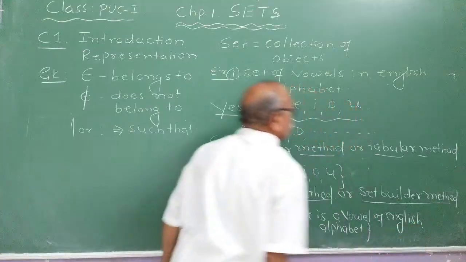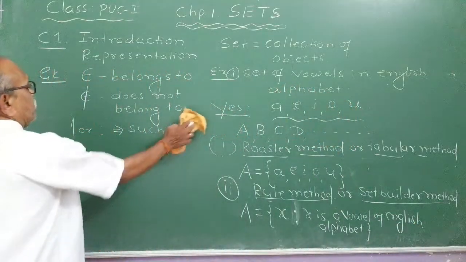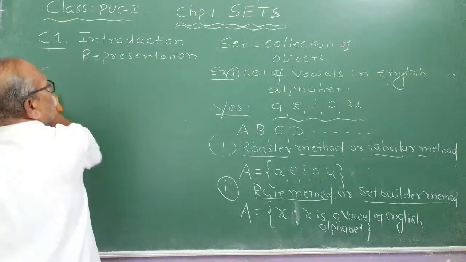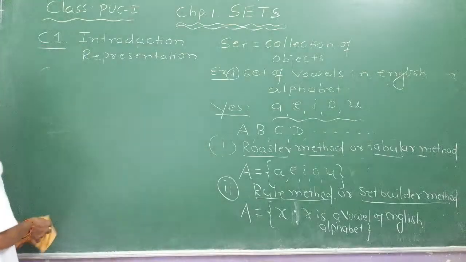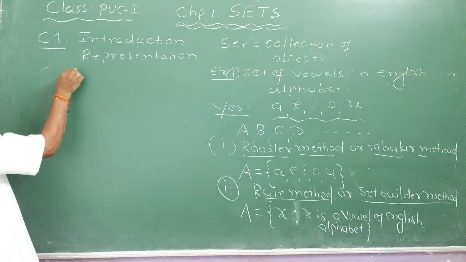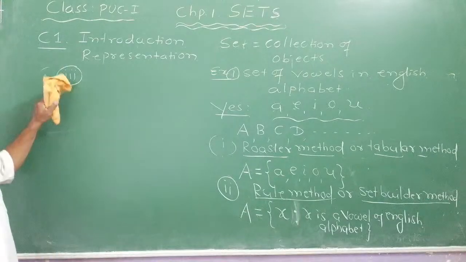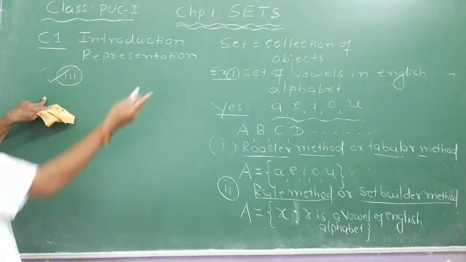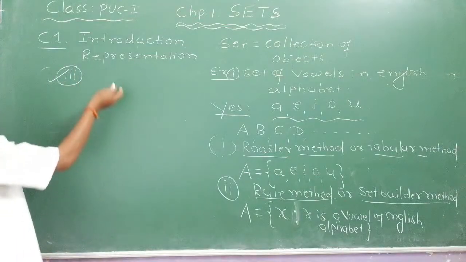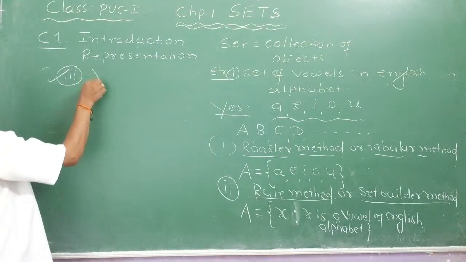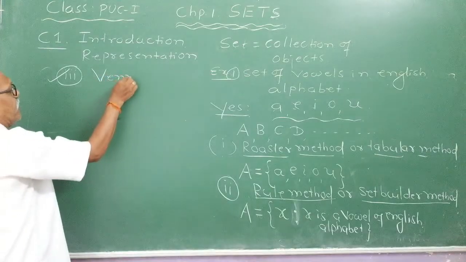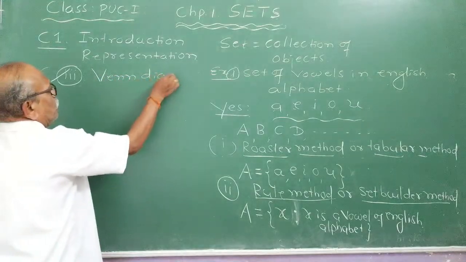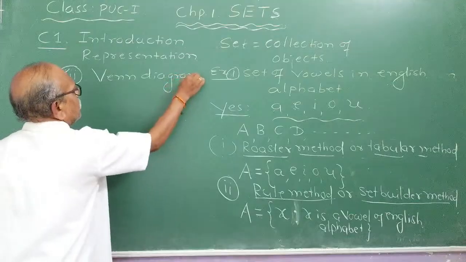Look at here. Representation of the set. Mainly there are two sets of methods so far. John Venn gave another method of representation of the set. We are using it while studying the next chapter, relations and functions. So there we are using generally this Venn diagram method. It is called the Venn diagram method.